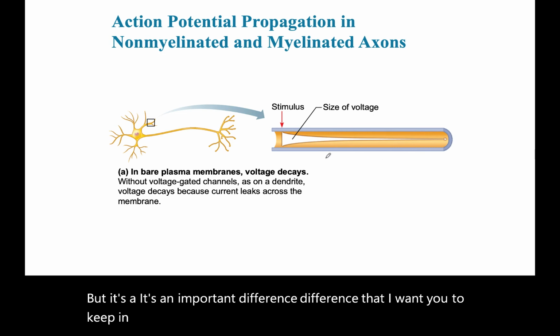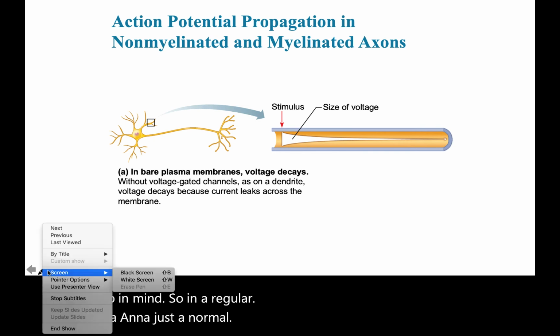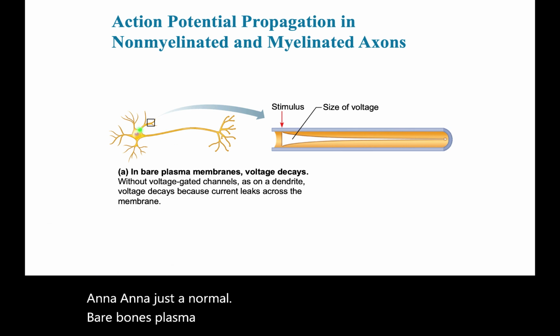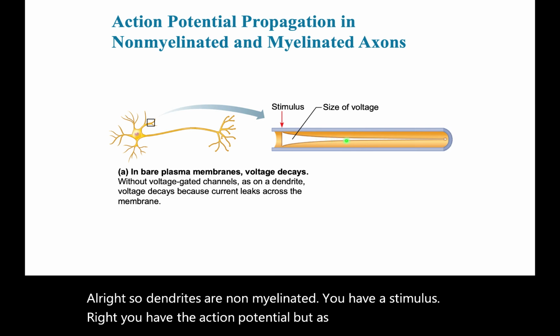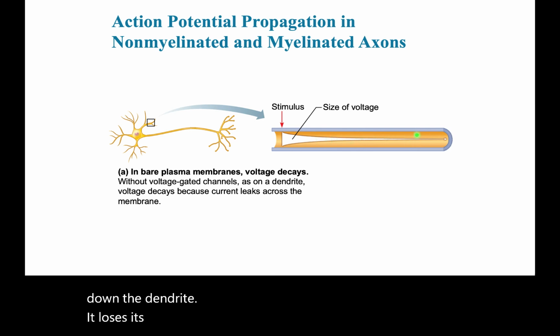So, in a normal, bare bones plasma membrane, like what we see within the dendrites, right? So dendrites are non-myelinated. You have a stimulus. You have the action potential, but as the action potential travels down the dendrite, it loses its potency. It loses its strength because dendrites are not myelinated.